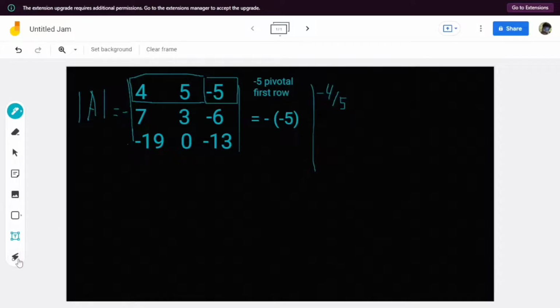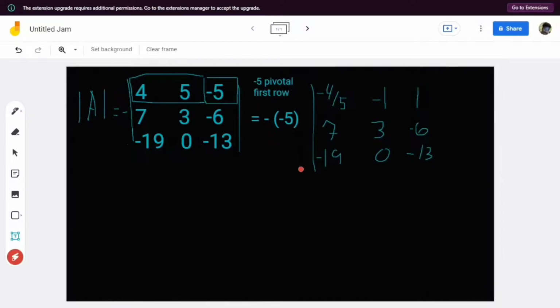And 5 divided by negative 5 is negative 1. And then negative 5 divided by negative 5 is going to be positive 1. And the remaining rows will be as they are written down.